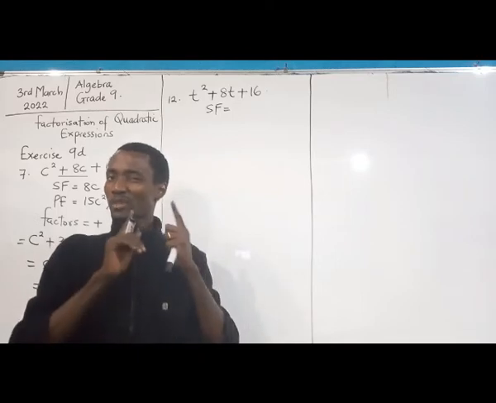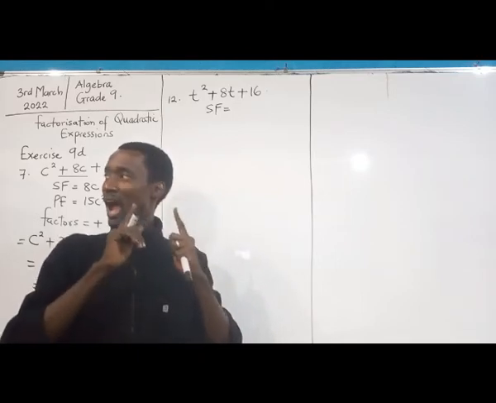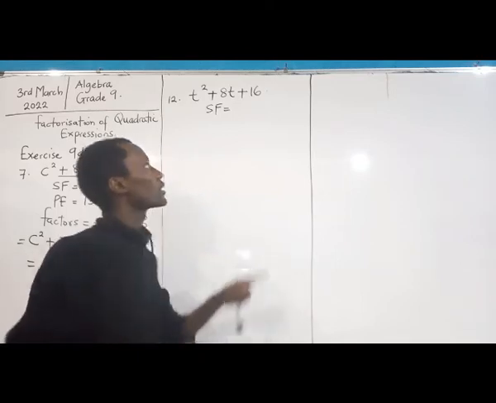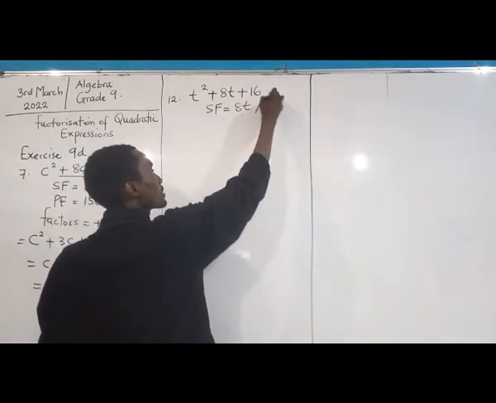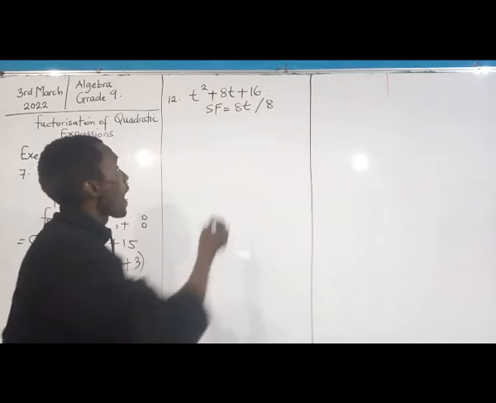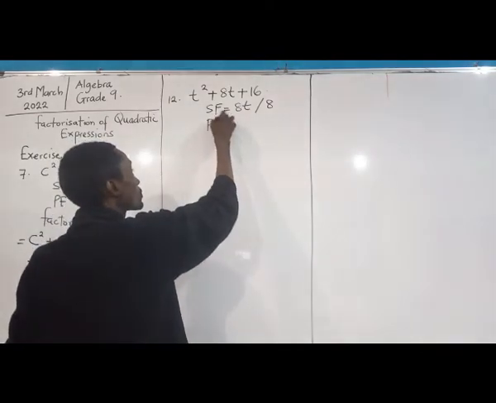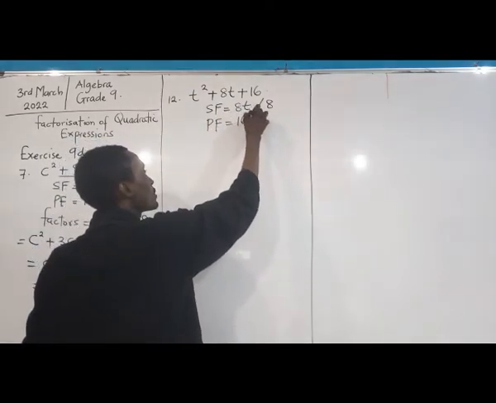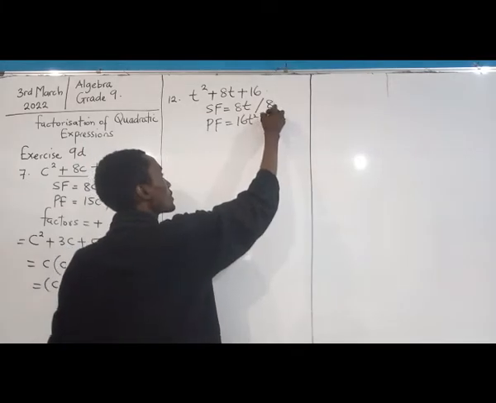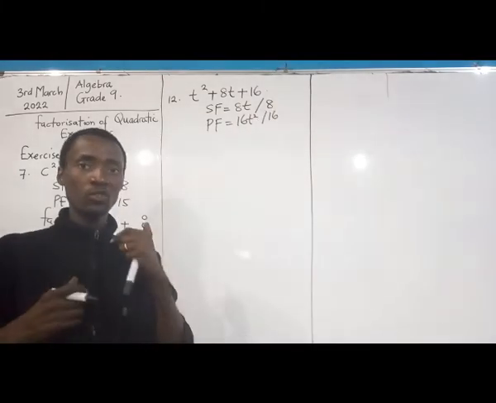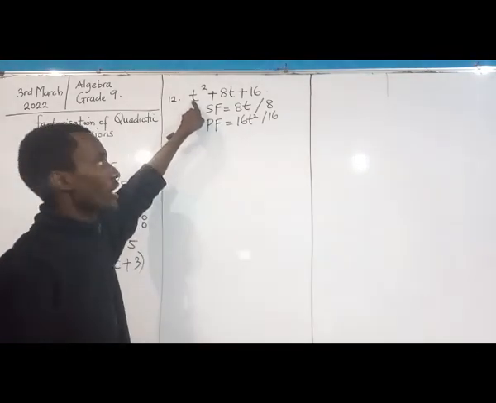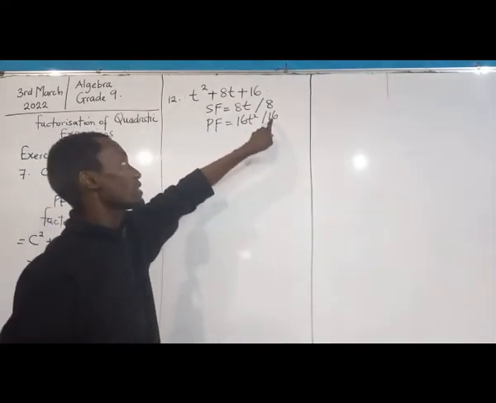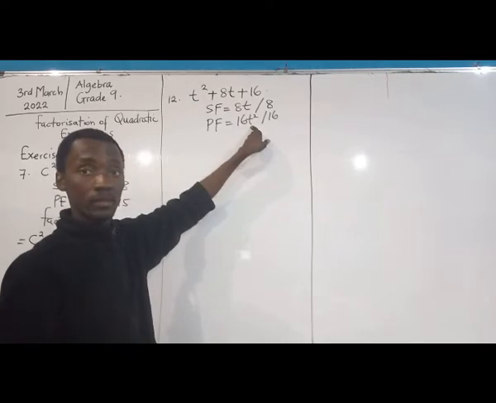No, you are actually teaching your brain to process how these problems are solved. The sum of factors is 8t, and you can just note 8 there, and the product of factors is 16t squared, and you can just put 16. Since we are treating the coefficient of t squared as 1, it would not really matter whether we're writing this or this.